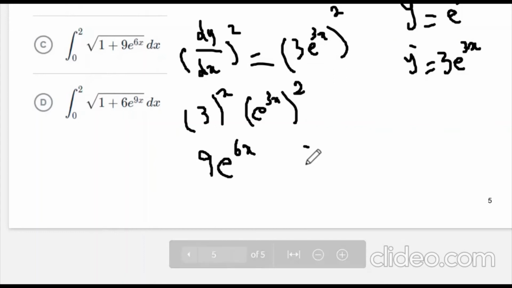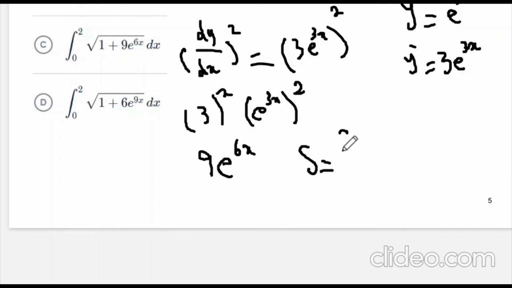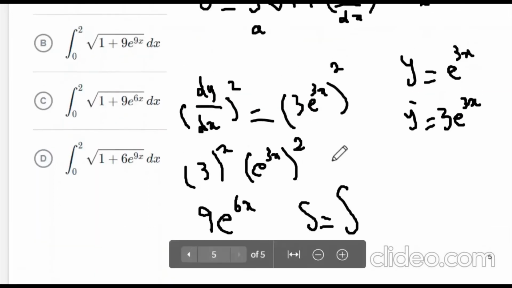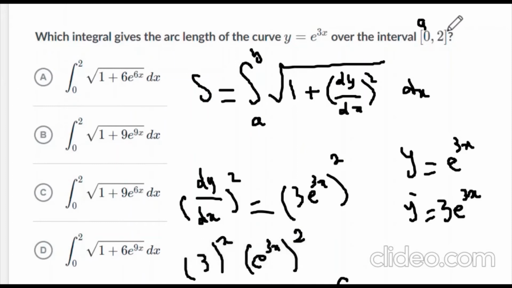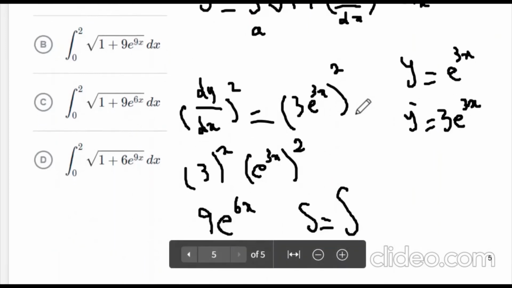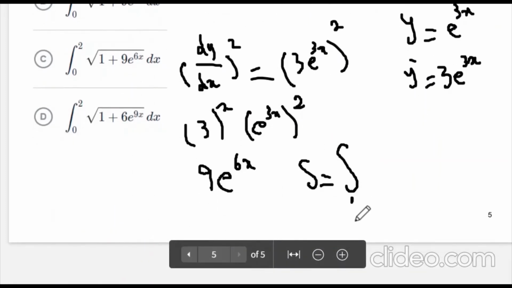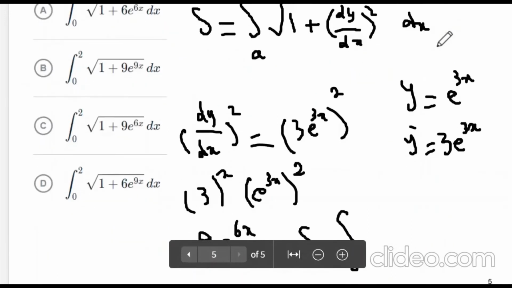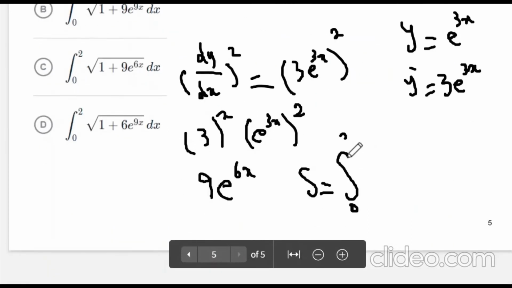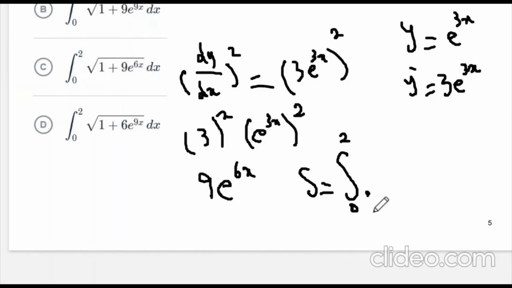So the arc length equals the definite integral. We have here 0 is a and 2 is b. So a is down, which is 0, and then b is 2, then square root of 1 plus.